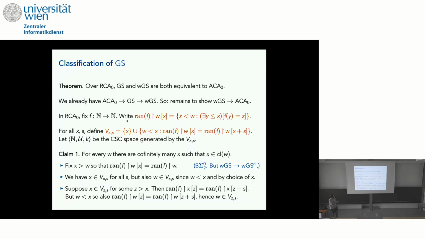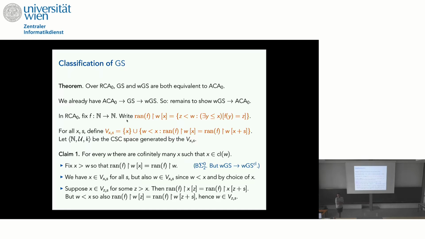So between here and here, no new numbers come into the range of f below W. Does that make sense? If this s could, for example, go arbitrarily large, that means this is the true range of f up to W. So again, these are the sub-basic open sets. We do this canonical delta 1 procedure to generate the CSC space out of that by closing these things on the intersections and defining the K function appropriately.